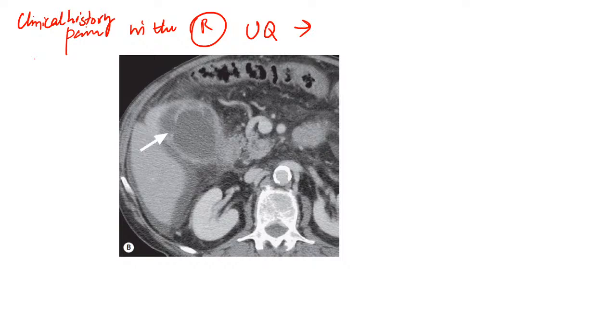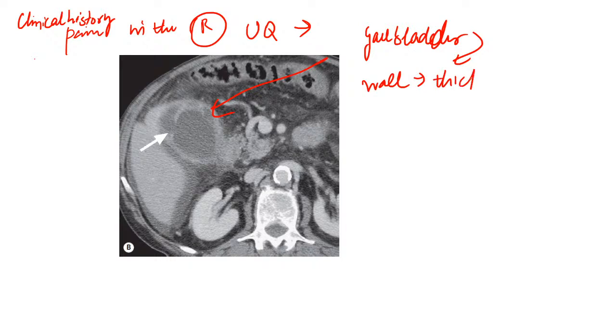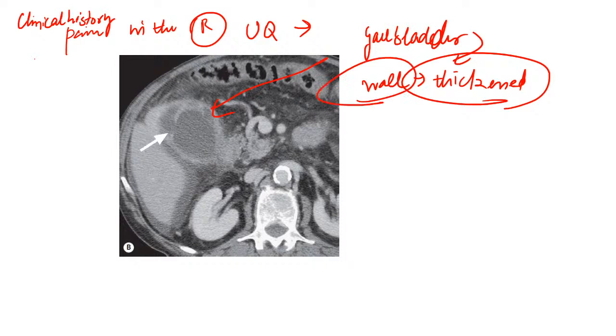If you look at this gallbladder image, you will see that the wall of the gallbladder is thickened, and we can also see pericholecystic fluid around the gallbladder wall.